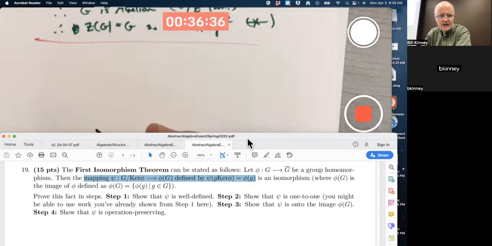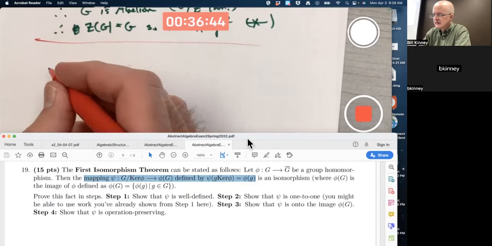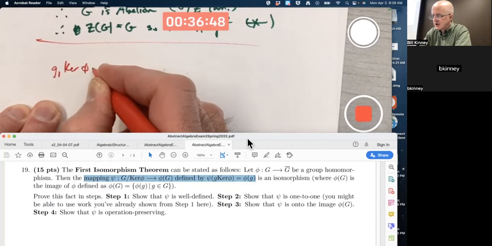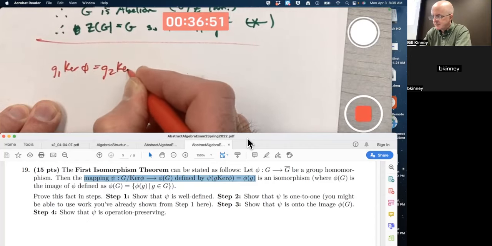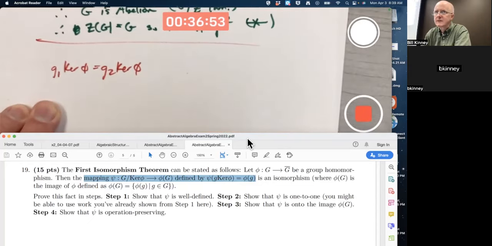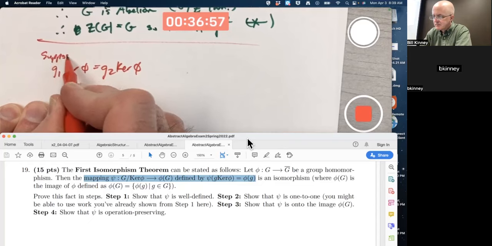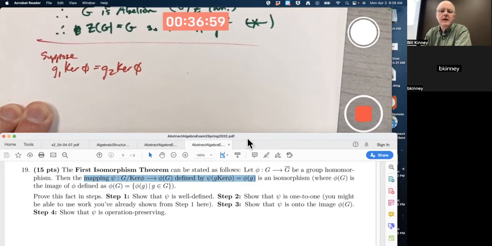The issue is, again, suppose you've got two different representatives of the same coset, G1 and G2. So I'm supposing this is true. And what do you have to show?